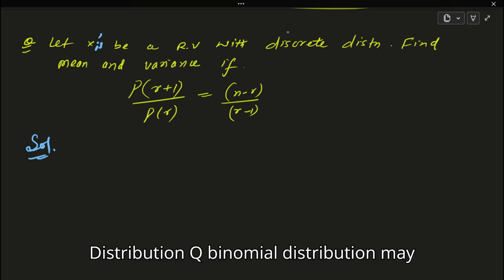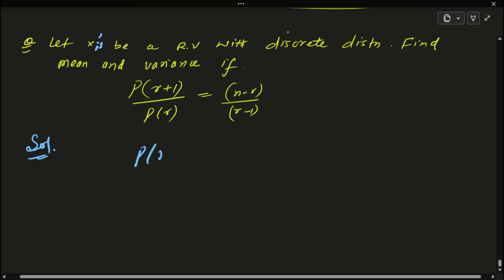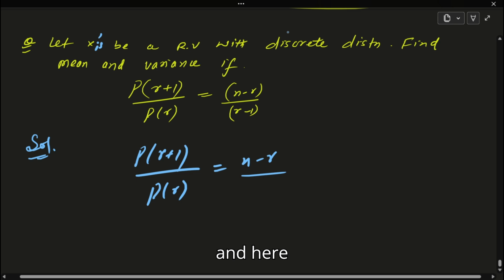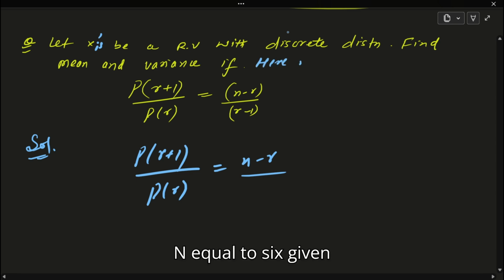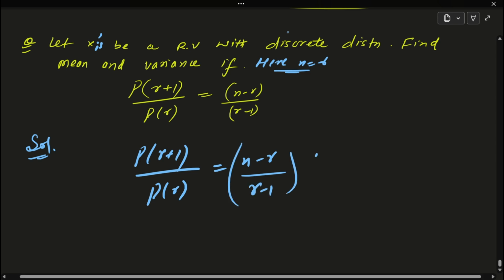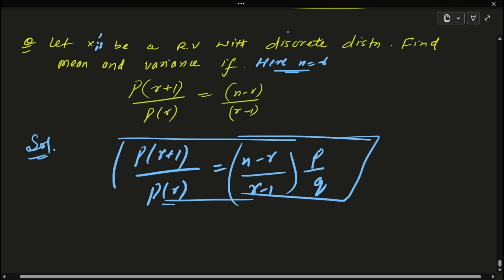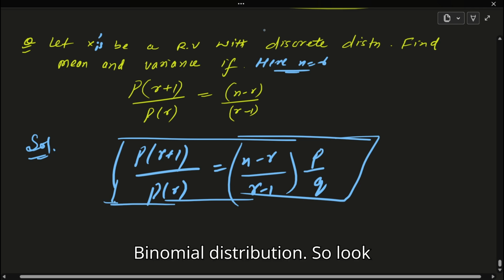P(r+1) upon P(r) is equal to n minus r divided by r plus 1, and here n is equal to 6, n is given as 6, multiplied by p upon q. This is the recursive relation for the binomial distribution.